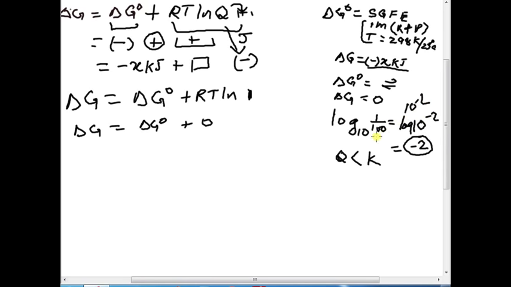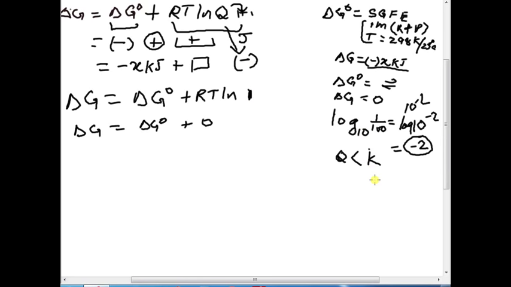So the reaction will move towards the product side as Q is smaller than K. When Q is smaller than K, you'll have some energy left in it, and it will give you the answer to this question: how much energy have you got for a non-standard condition, right? So you'll get a minus value over here, right?